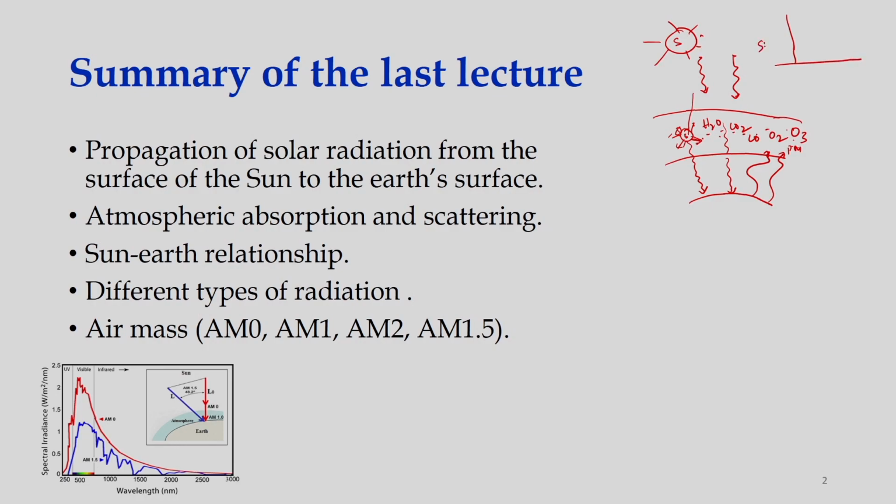If we draw spectral emissive power versus lambda for the extraterrestrial region, the region above the earth atmosphere is called the extraterrestrial region, and just below the earth atmosphere we have the terrestrial region.